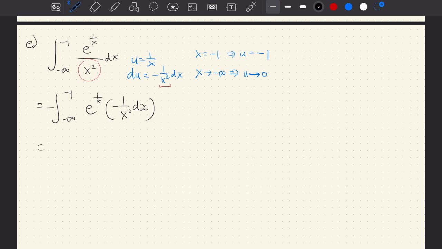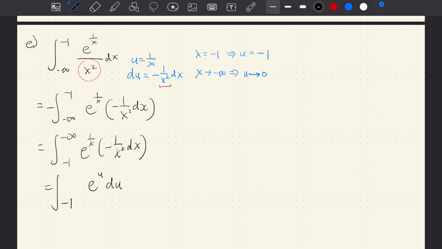Or you can exchange the limits of integration and get something like this. Okay, so now we can do u substitution. Here u is 1 over x, so this is e to the u, and for the differential we have du. And don't forget that you have to change the limits of integration. Okay, so when x is negative 1, u is negative 1.